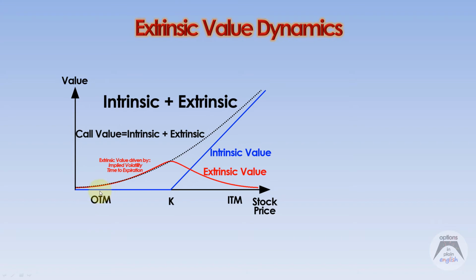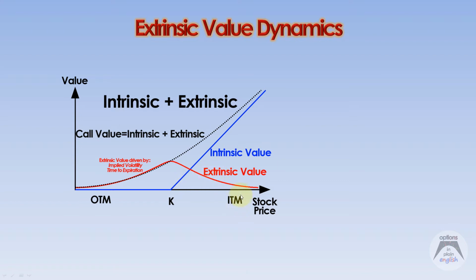So we start the analysis again. If we go from the price starting here, it only has extrinsic value, no intrinsic value at all. Then at the strike price, it starts gaining intrinsic value, but at the same time the extrinsic value starts going down.